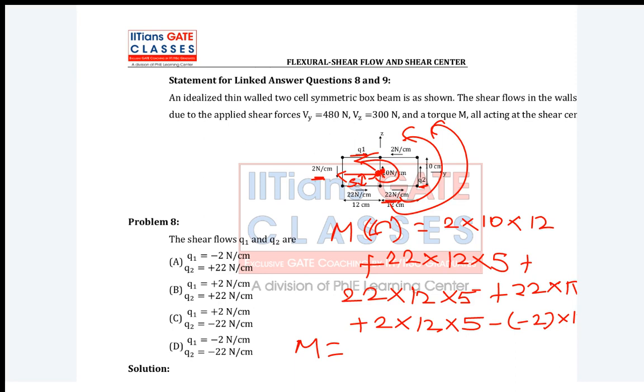Five, 7, 6, 0, and it will be Newton centimeter, right? So what is the answer?